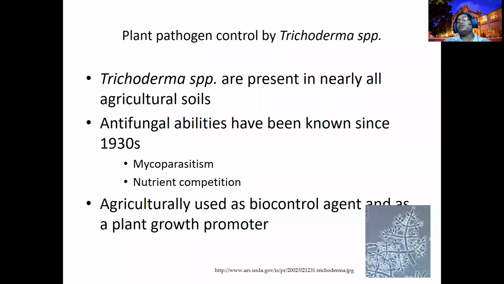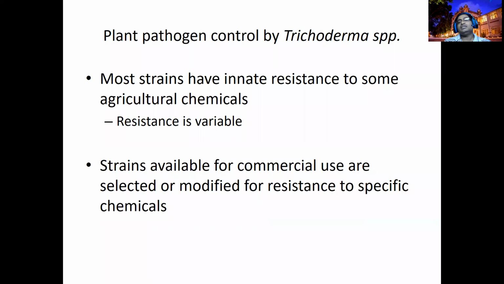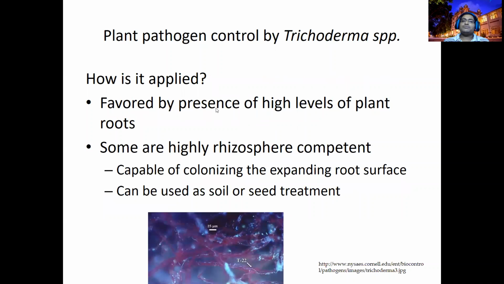We call it the plant doctor fungus, meaning it can work against any type of soil-borne pathogen, right? Many strains have been reported: Trichoderma viride, Trichoderma harzianum, Trichoderma hamatum. Different strains are available and commercially used for different fungi, right?